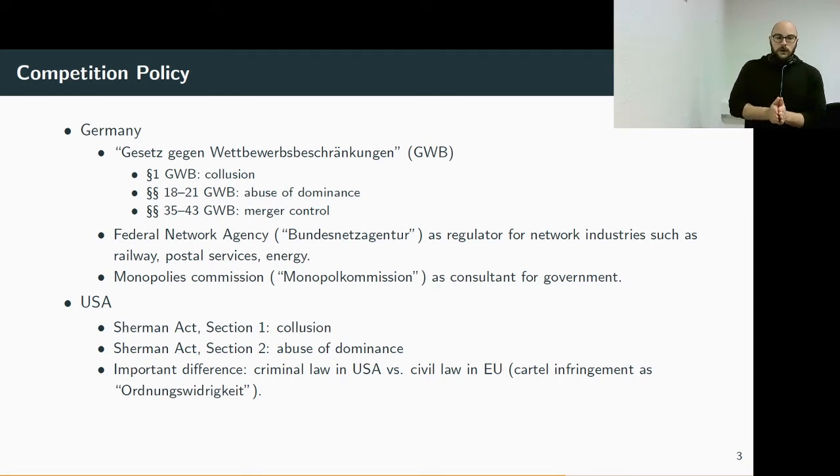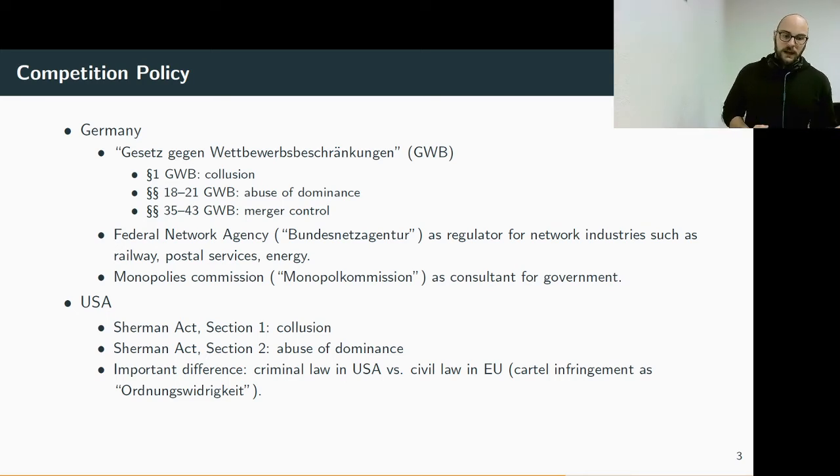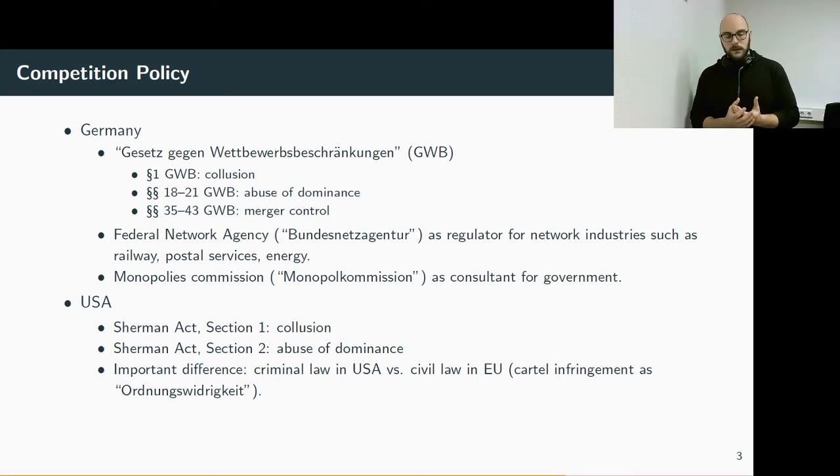What is also important to note with respect to Germany is that there are two other institutions which are very important when we talk about competition policy and IO in general. These are the Bundesnetzagentur, the Federal Network Agency, and the Monopolkommission, the Monopolies Commission. These two institutions have different tasks and priorities, right?